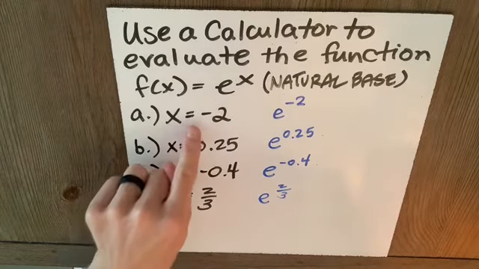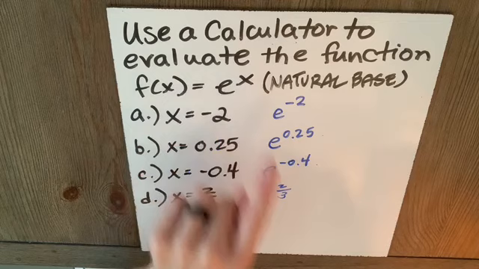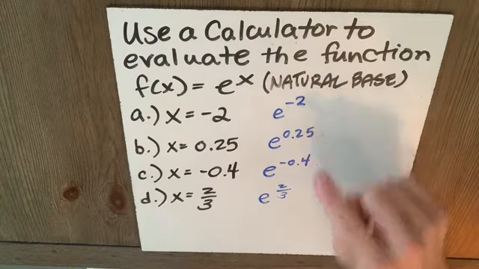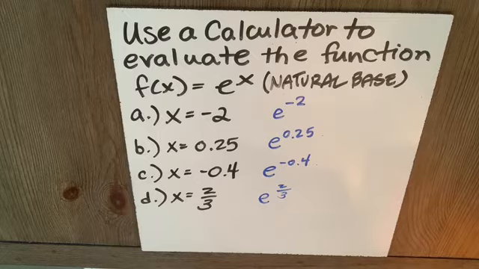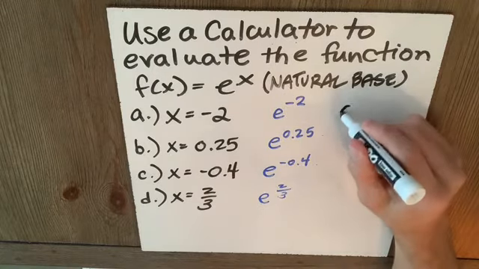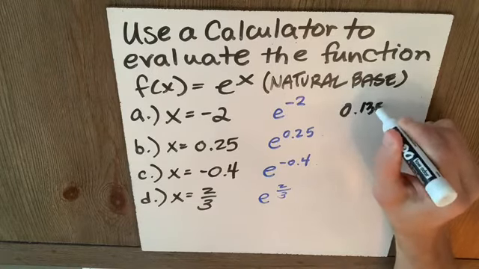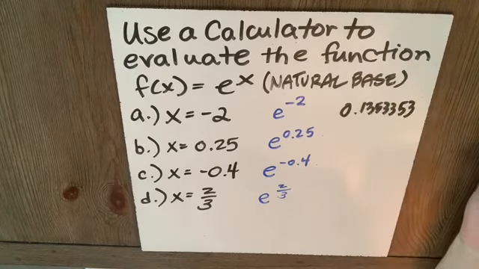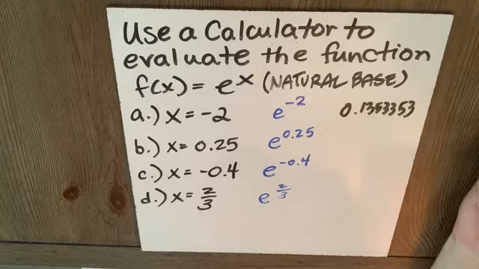We want to evaluate this when x is -2. Well, e to the -2, when we put this in our calculator, is going to give us 0.13533353. And I would like you to confirm that on your calculator.